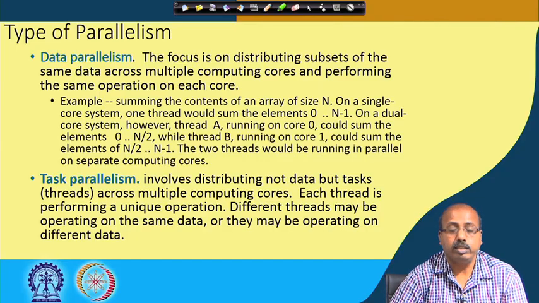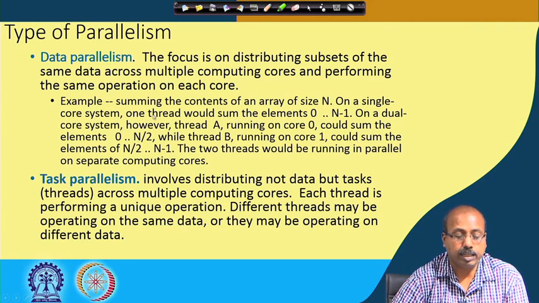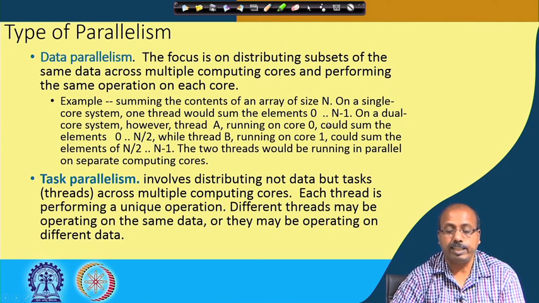For example, if you have to sum the contents of an array of size n, then on a single core system we can have one thread that would sum the elements 0 to n minus 1, assuming that array indices run from 0 to n minus 1.